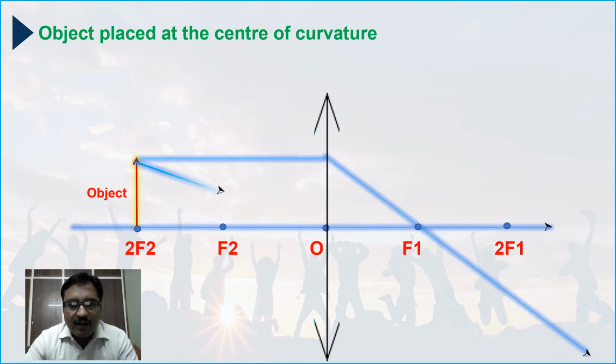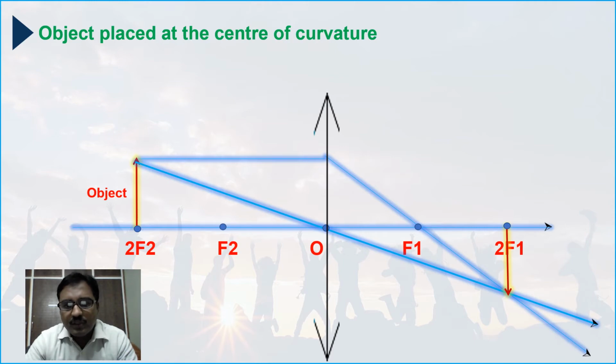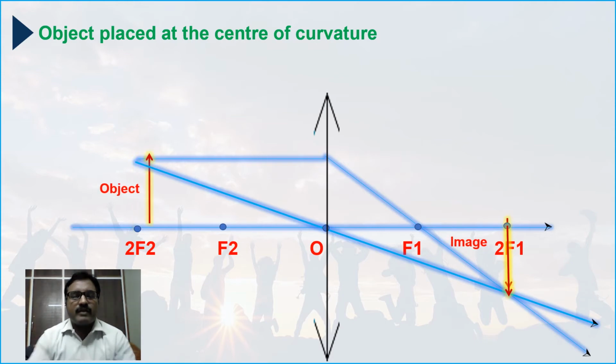Next we have to draw a light ray which is passing through the pole of the lens. Where these two refracted light rays intersect each other, there we are going to get the image. This is the image. Now we can say that when the object is placed at center of curvature, the image is going to be formed at the center of curvature itself on the other side. Now we shall observe the image characteristics.